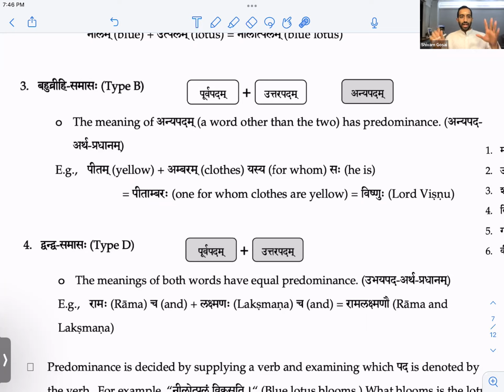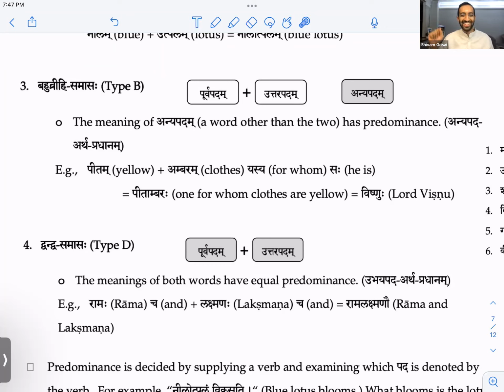Okay, so if the Purva Pada is Pradhana, it's called type A, right? If Uttara Pada is Pradhana, type T. If Anya Pada is Pradhana, another word is the predominant, type B. You have to say it with your mouth so I can see your mouth moving.